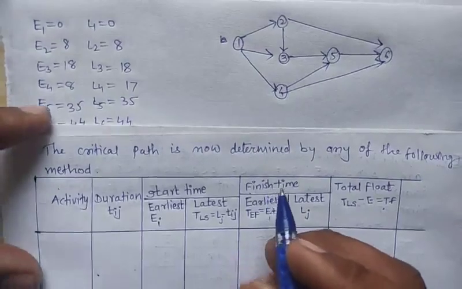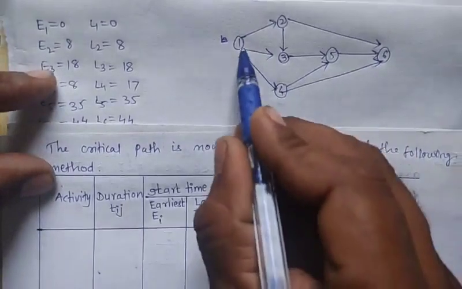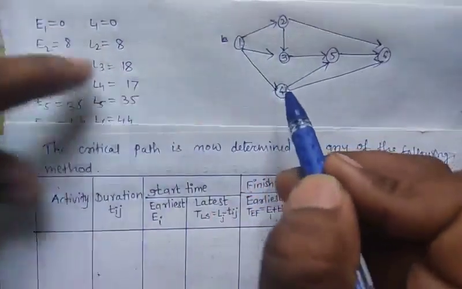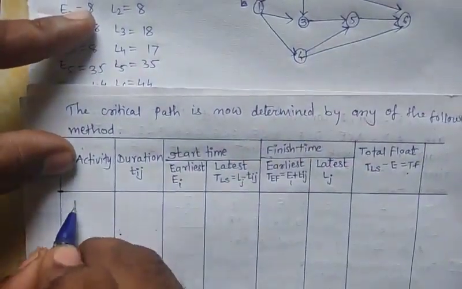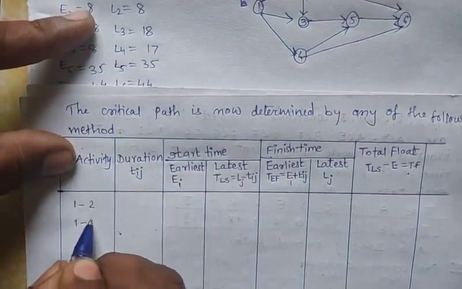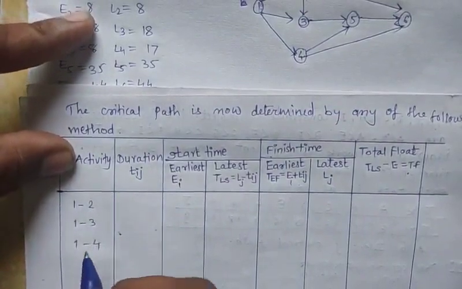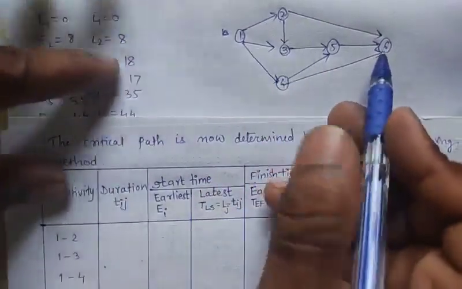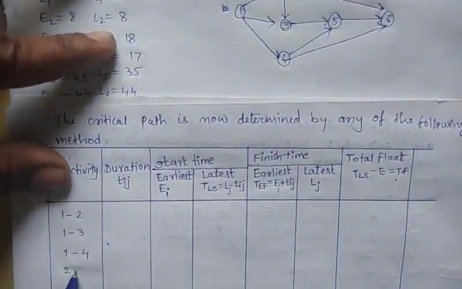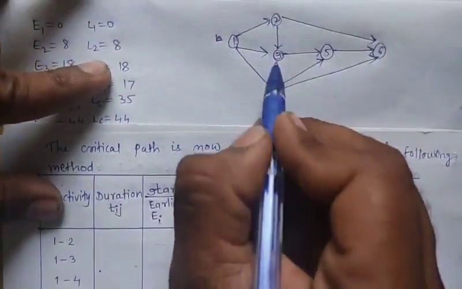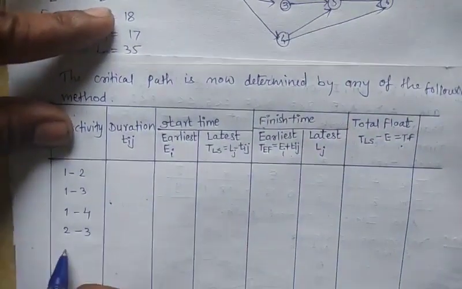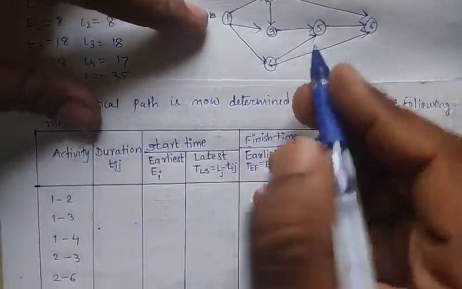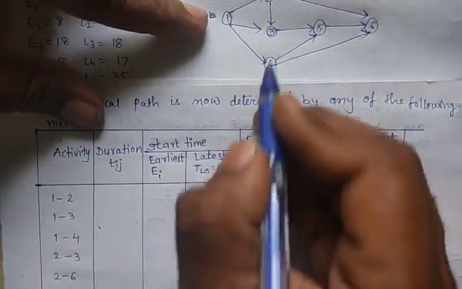So from the network diagram we will write its activities. For the first activity, 1 goes to 2, 1 goes to 3, 1 goes to 4. So the activities will be 1-2, 1-3, 1-4. Next, 2 goes to 3, 2 goes to 6. Next we start with 3. 3 goes to 5.